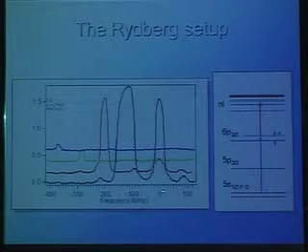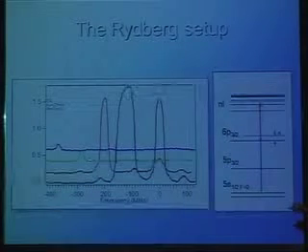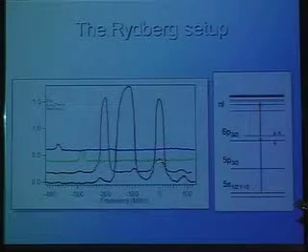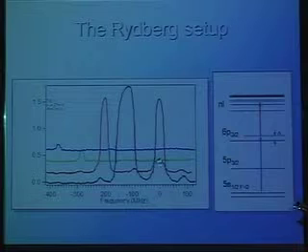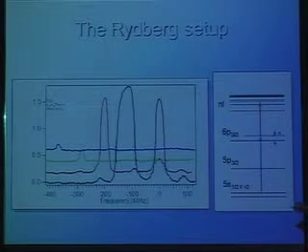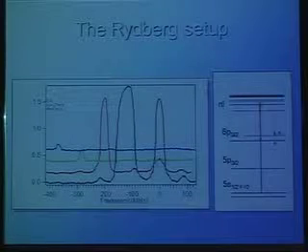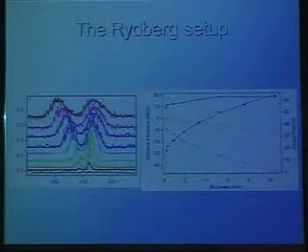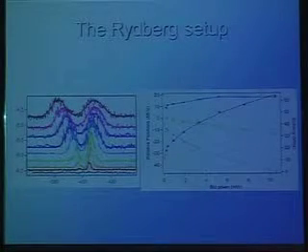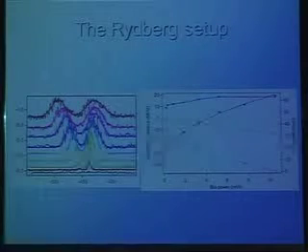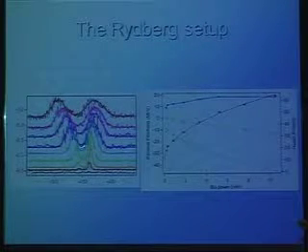Here you still populate the intermediate state, and as you detune further and further, you start seeing this green line with virtually no contribution at zero detuning, and then a completely coherent excitation of the Rydberg state, the 50D in this case.